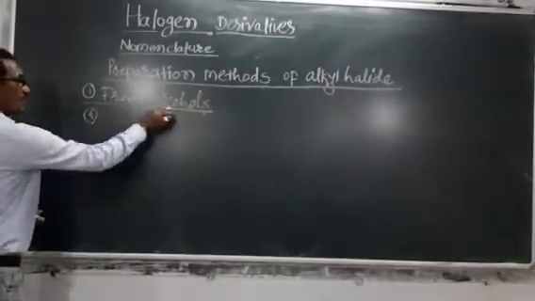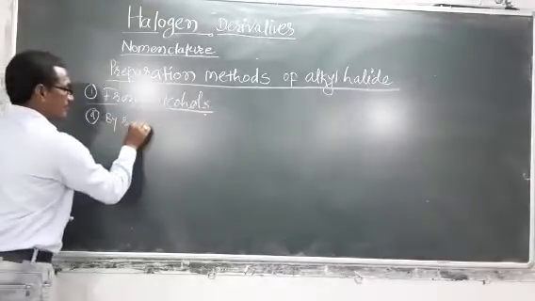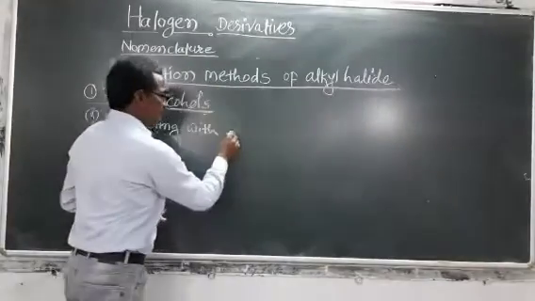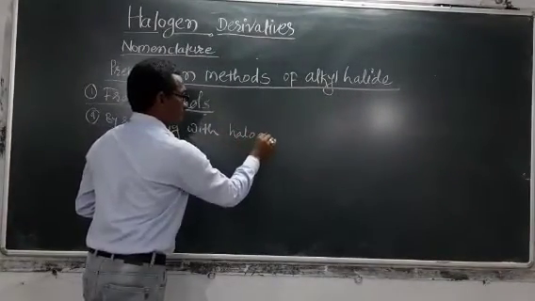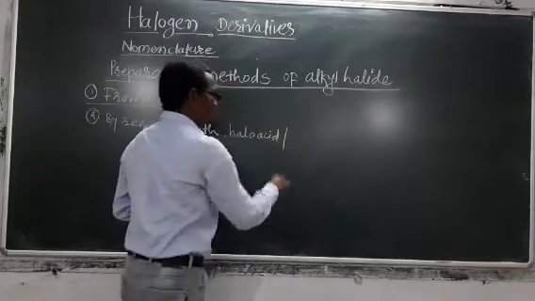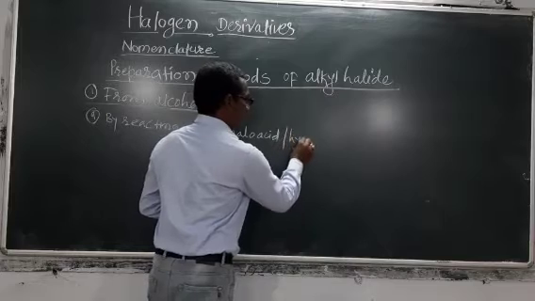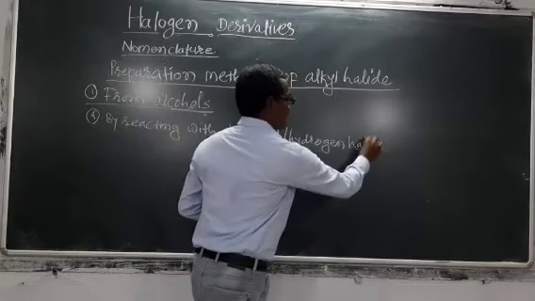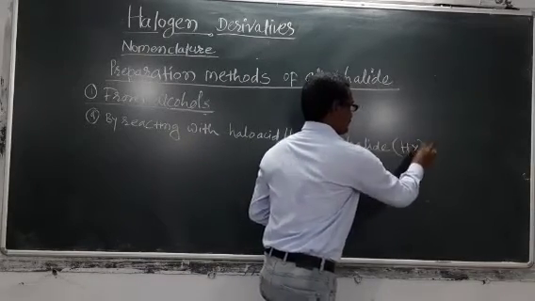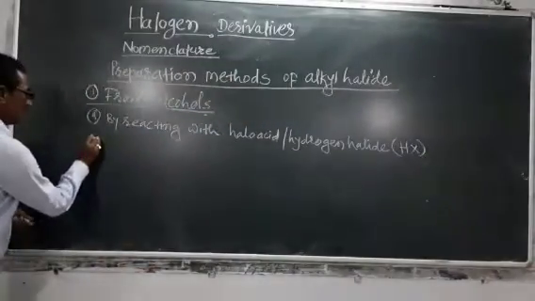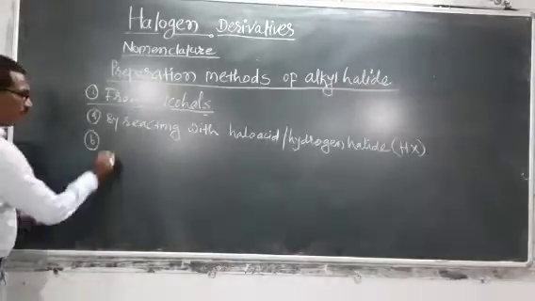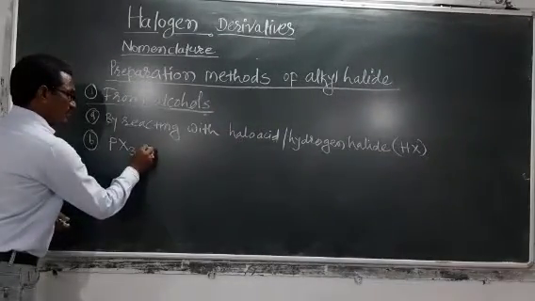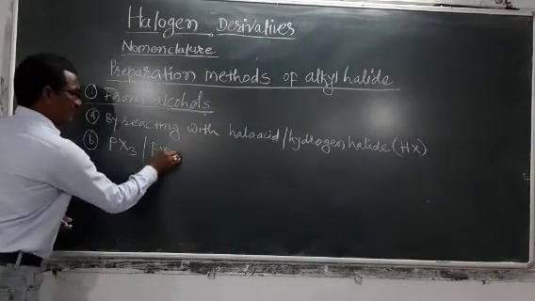A, from alcohols by reacting with haloacid or hydrogen halide, that is called HX. B, with PX3, phosphorus trihalide, or phosphorus pentahalide.